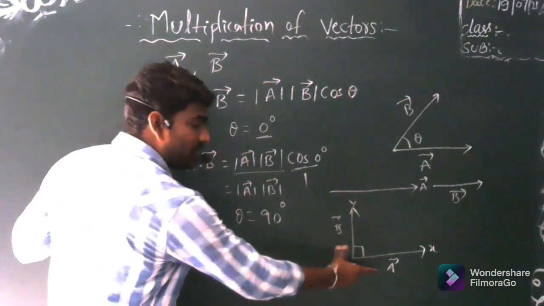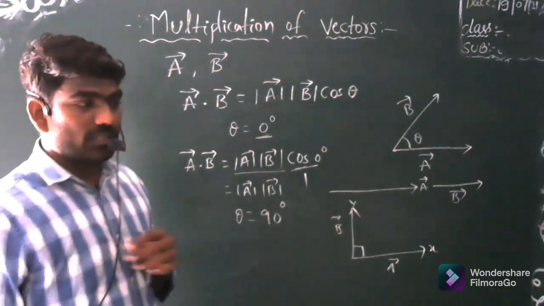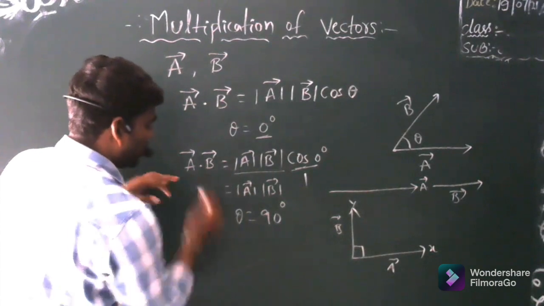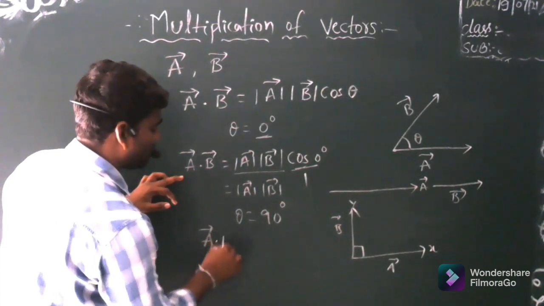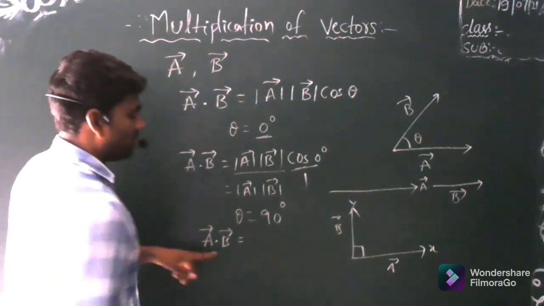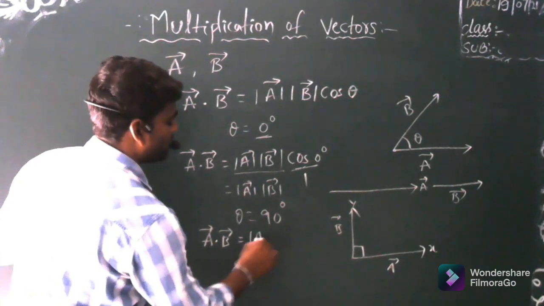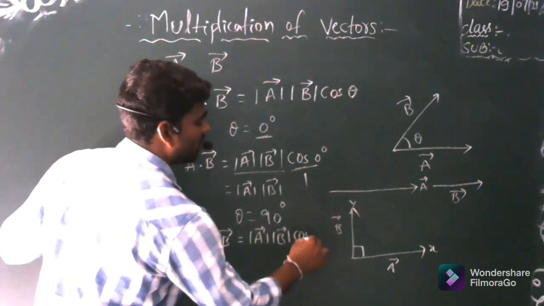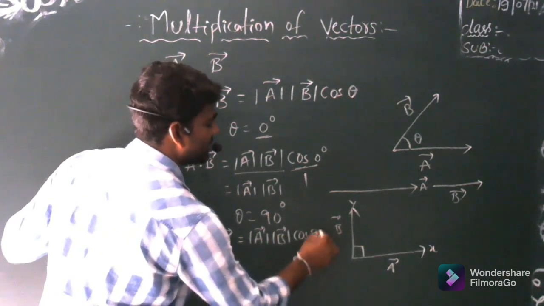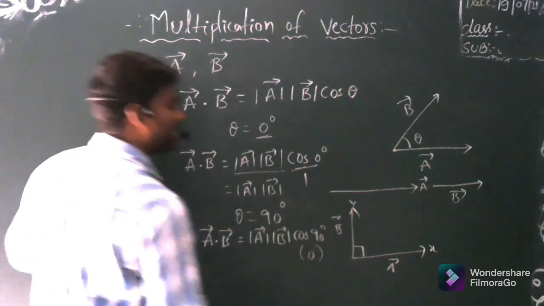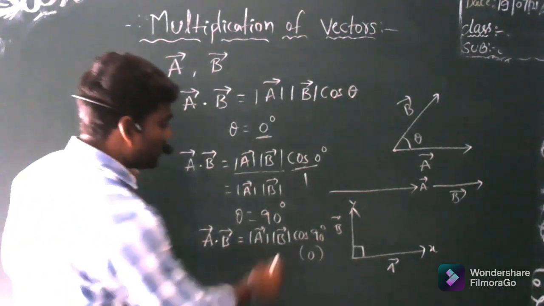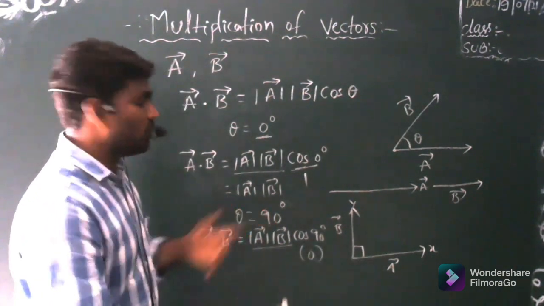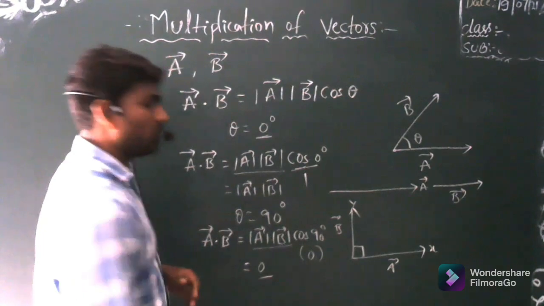What will be the dot product of these two orthogonal vectors? Substituting, we have magnitude of A, magnitude of B, and cos of the angle between them, 90 degrees. We know that the cos 90 degrees value is 0, so whenever you multiply this total value with 0, you will get 0 only.